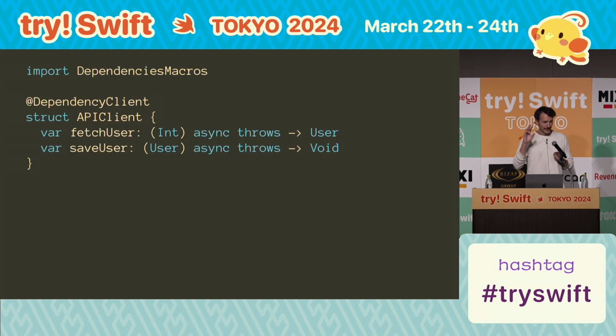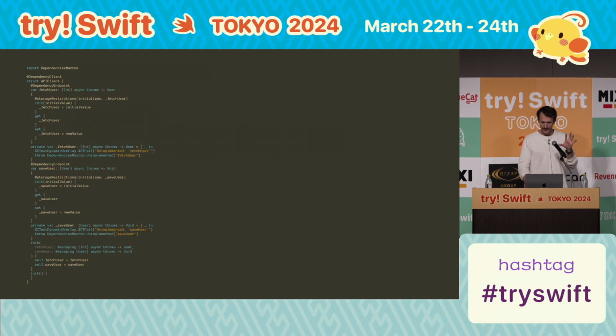Then we've also got a little dependency library out there, and it's got a little macro that allows you to write really nice, lightweight dependency interfaces and generate a whole bunch of stuff that you don't have to care about. But we don't really care about what this DependencyClient macro does. What we care about is that this is all the code it generates, in particular this code, when this is all you wrote yourself.